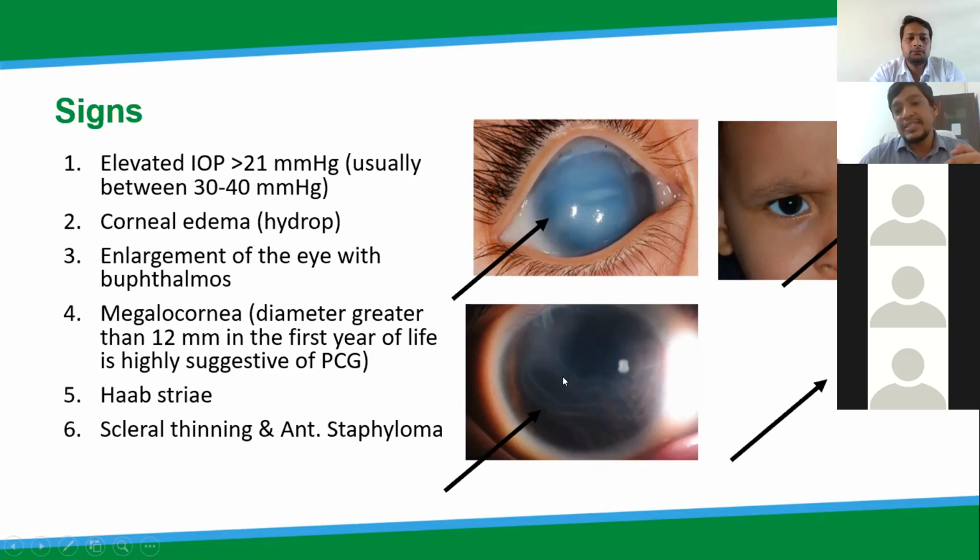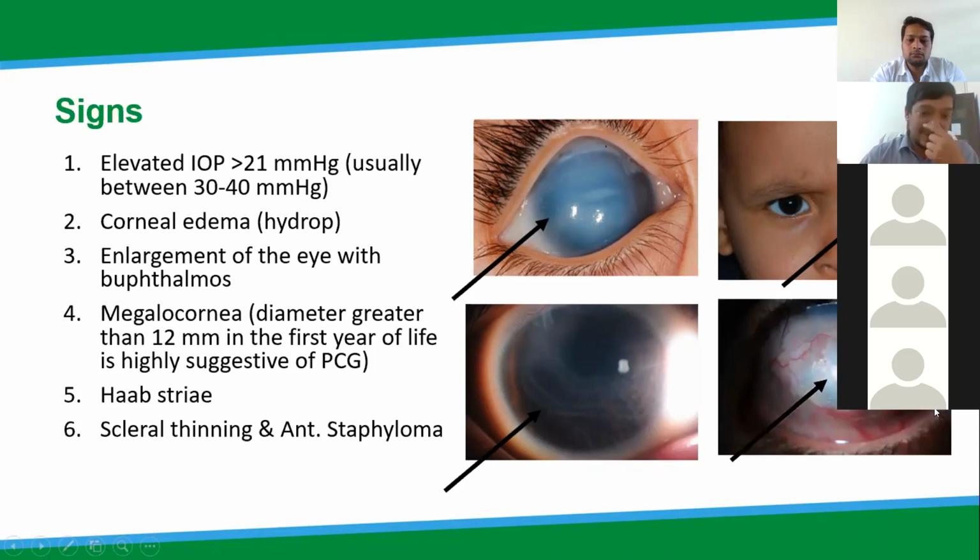When the Descemet membrane breaks, the aqueous gets into the cornea and that causes corneal edema. This is not possible to visualize in a torchlight examination. It is visible only with the help of a slit lamp, a portable slit lamp, or maybe an operating microscope.